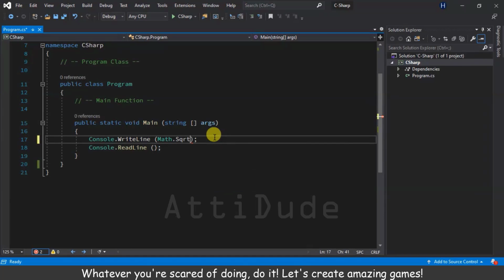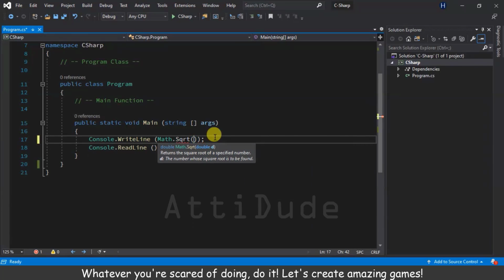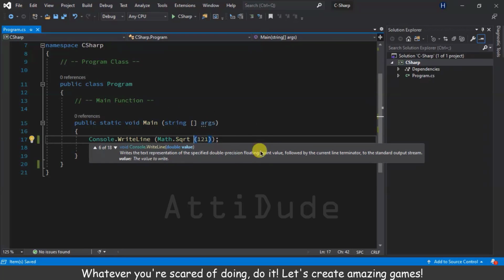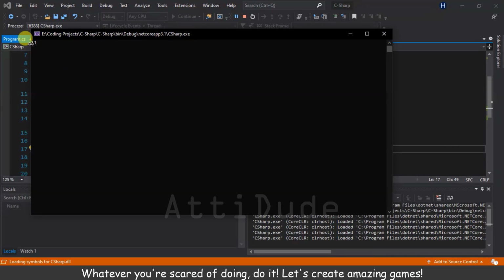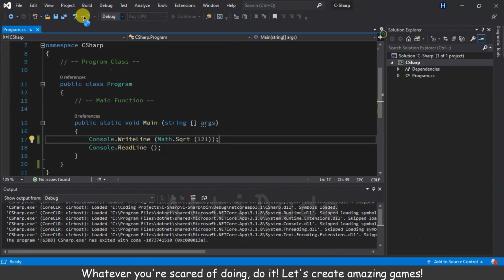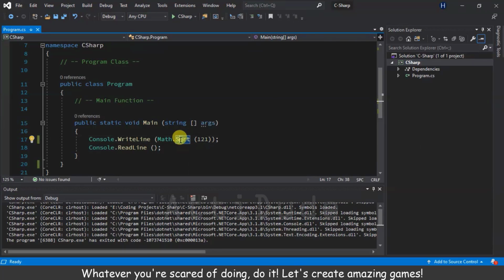We can even do square root. And the number that I'm gonna pass will be 121. I know the square root of 121 is 11. That's it, play and see. Ta-da! We got 11. That's what we expected.